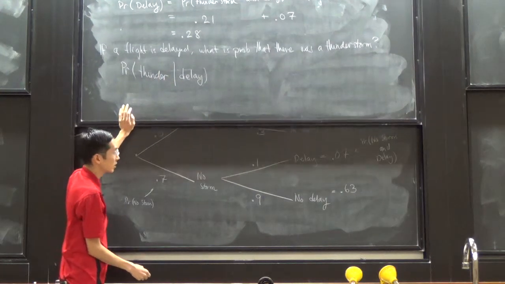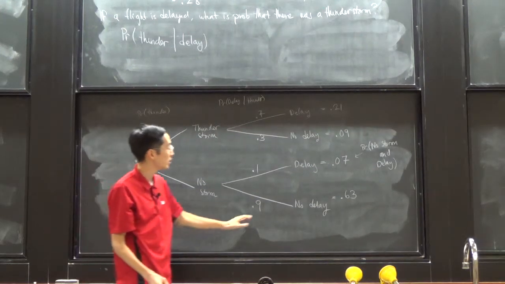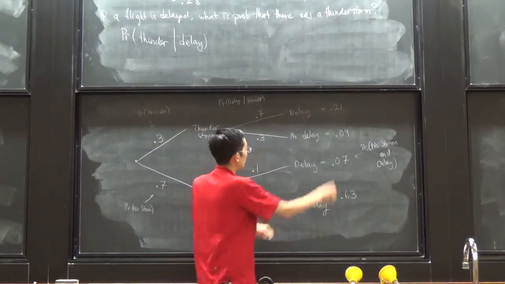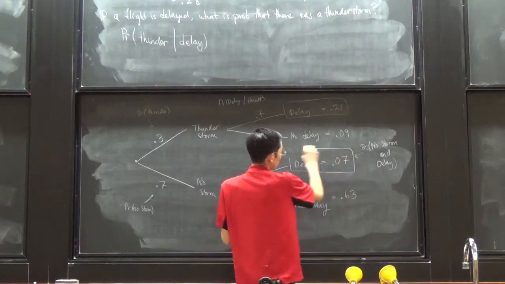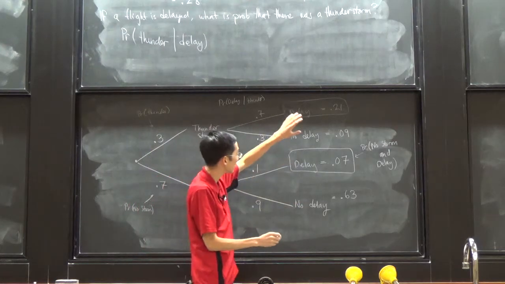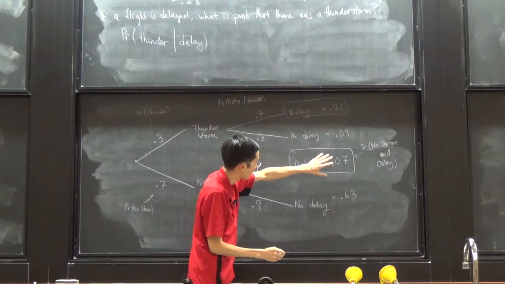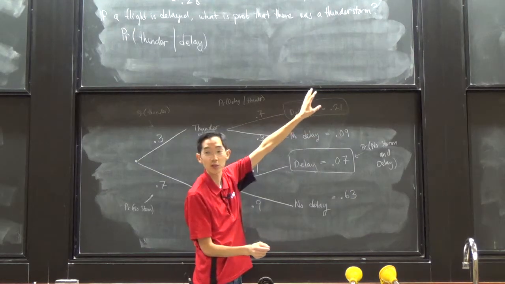We figured that out. And if we know that there has been a delay, our universe is now limited to either this scenario or this scenario, right? There's been a delay, so we either ended up delayed over here where there was no thunderstorm, or we ended up delayed when there was a thunderstorm.